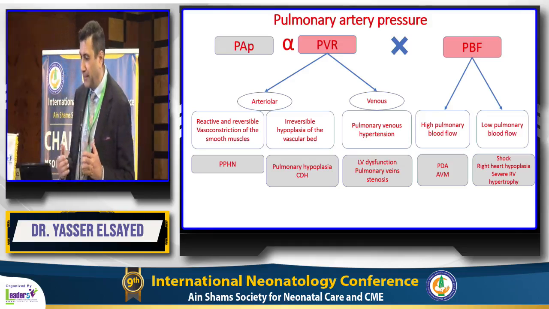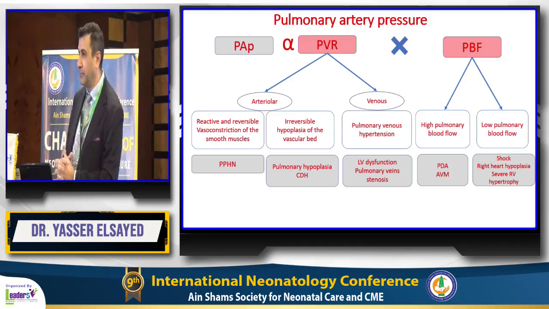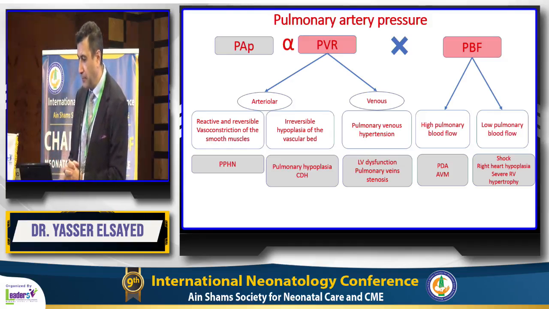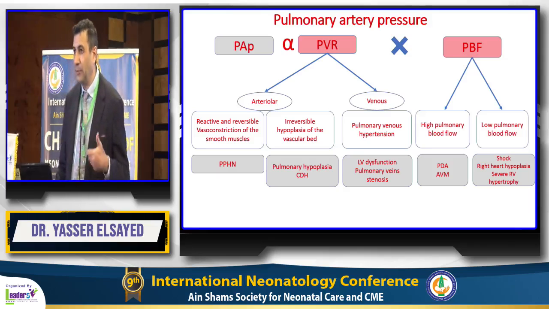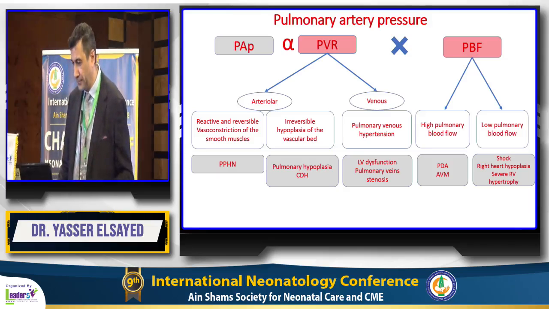Typically when we have systemic hypoperfusion, like in shock, or right ventricle hypoplasia or severe RV dysfunction, you may have very low flow through the lung. In this situation, it is also contraindicated to give any pulmonary vasodilator because you will lower the flow even more.